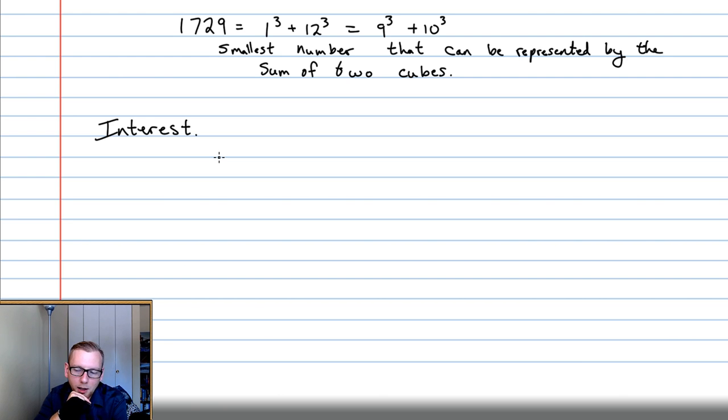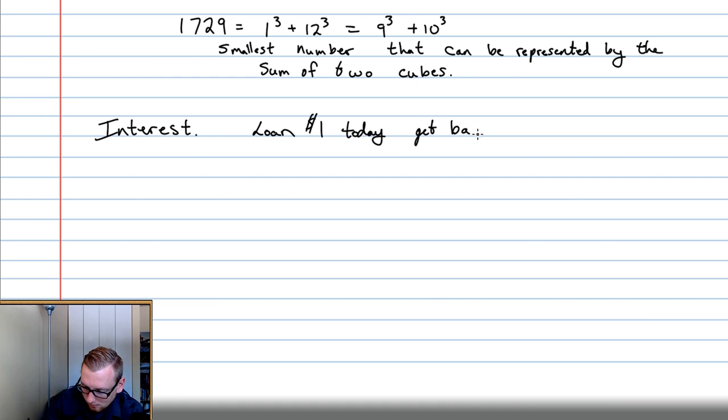So if I give somebody $1, they say tomorrow they'll give me $1.01. So I loan them $1 today and get back $1.01 tomorrow. Well, that's pretty decent interest for $1 in one day. Well, not really. I mean, 1%.